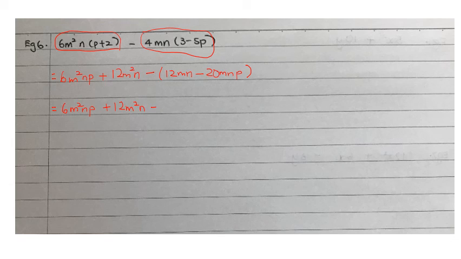Minus 1 multiplied by 12, you get minus 12. Minus 1 multiplied by minus 20, you get positive 20.